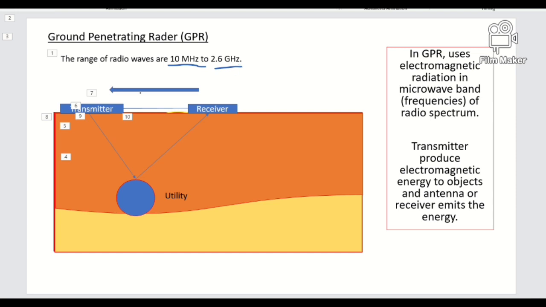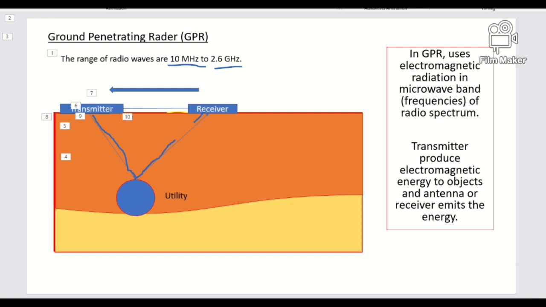Here GPR uses electromagnetic radiation in the microwave band of the radio spectrum, and the transmitter produces electromagnetic energy like a wave, and the wave can reflect from any object or any utility or any other particle, and then the reflected wave will be received through the antenna.